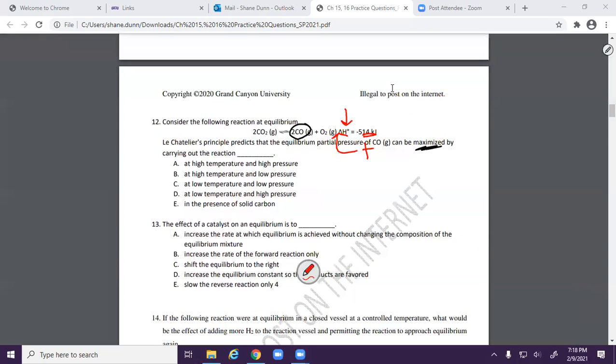So if I increase the amount of heat, am I going to shift it towards the right or left? If I add more heat, I'm going to shift it towards the left. Is that what I want or no? No, I want to make more products, not reactants. So it's not going to be at the high temperature parts. It's going to be at the low temperature ones. Does that make sense? Okay.